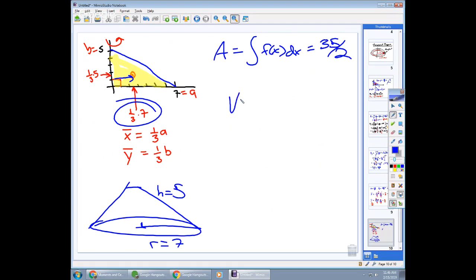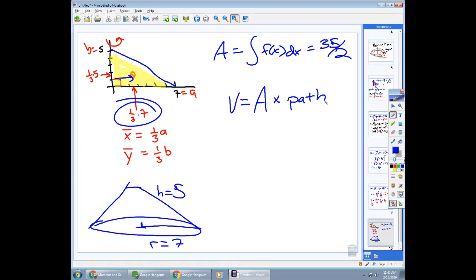Pappus's theorem says the volume is going to be equal to the area of the cross-section you're revolving times the length of the path the center moves through. My center is going to move through a circle, because I'm revolving around an axis.